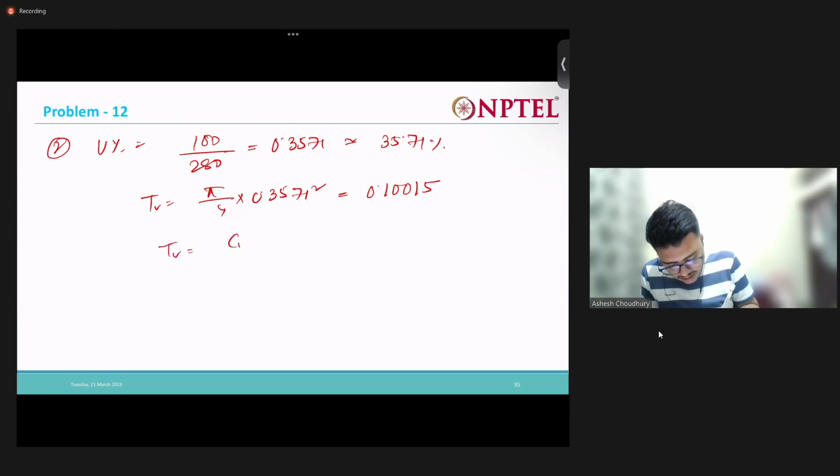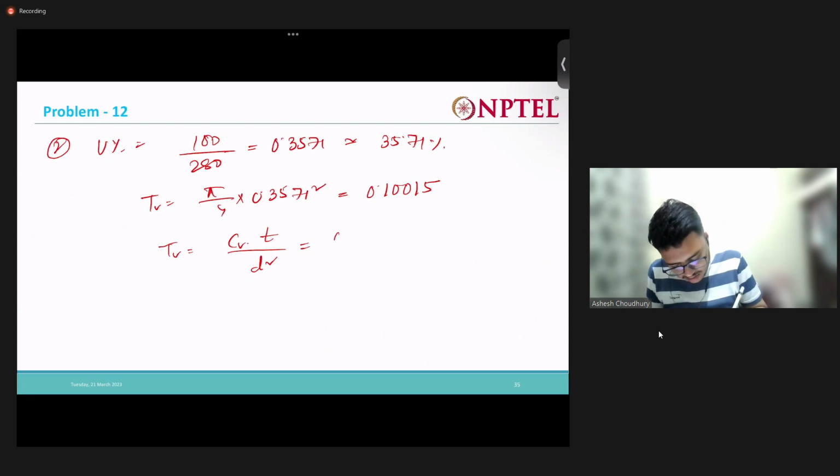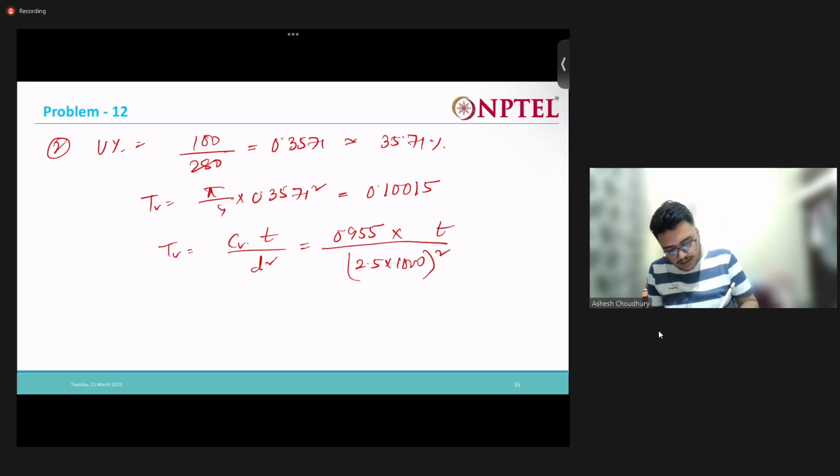Tv is equal to Cv t by d square. Cv I know, 0.955, times the time I need to find out. d is 2.5 into 1000, square, and Tv is 0.10015.